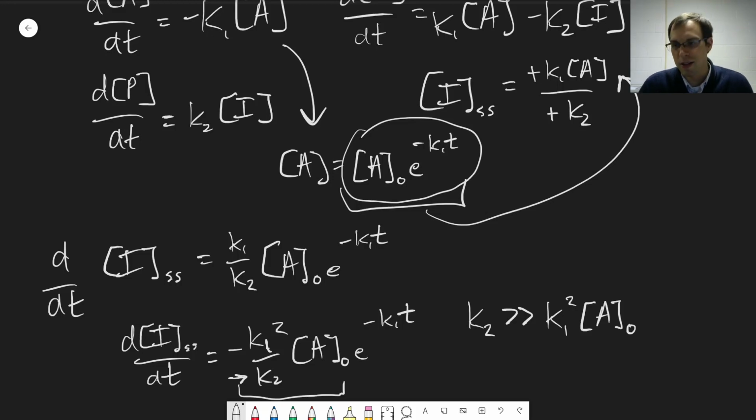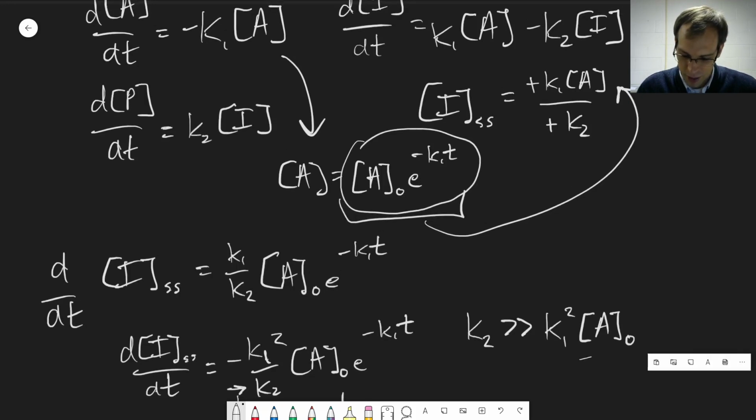It's a little bit circular, but this is the case that we considered on the right-hand side, where K2 is much bigger than K1, and we can also include the fact that this has to be multiplied by this concentration as well. So this shows the conditions under which you would expect the steady state approximation to work, and then we can solve our specific equations to get the same thing we got in the previous video when K2 was much, much bigger than K1.